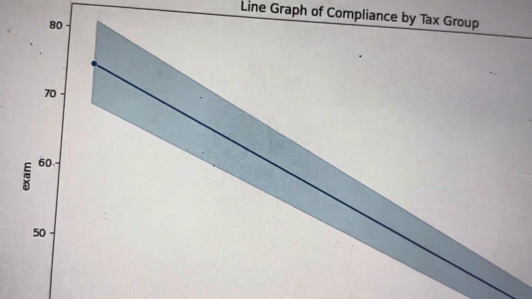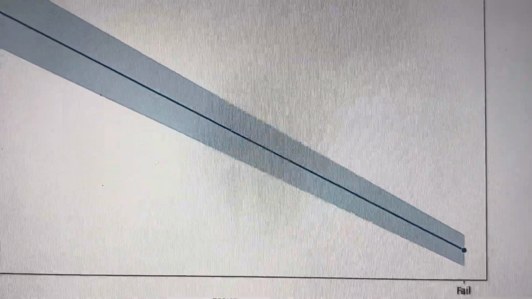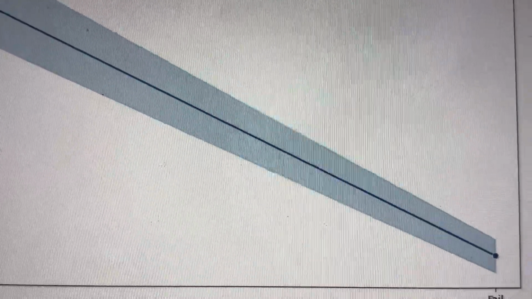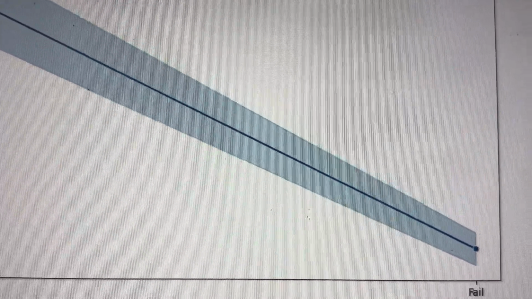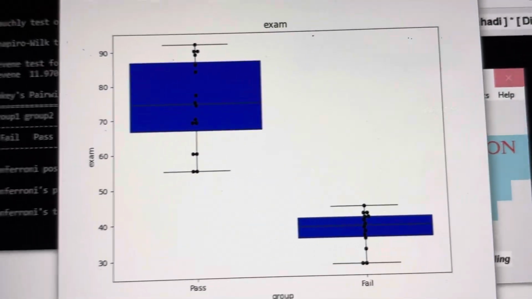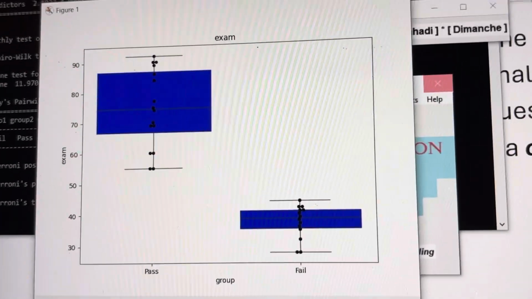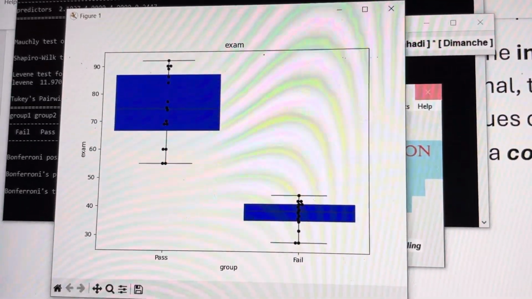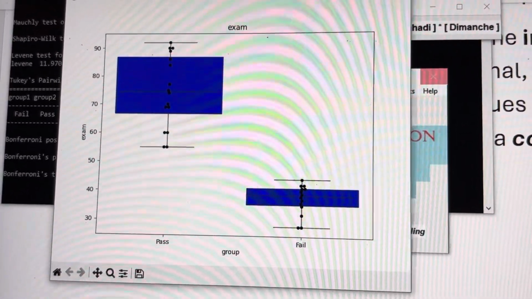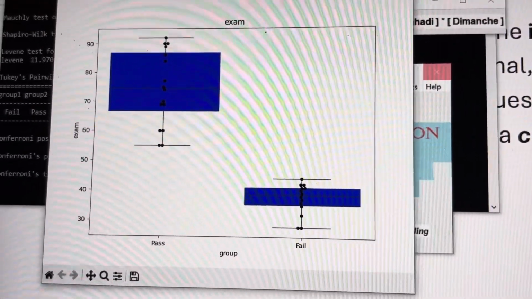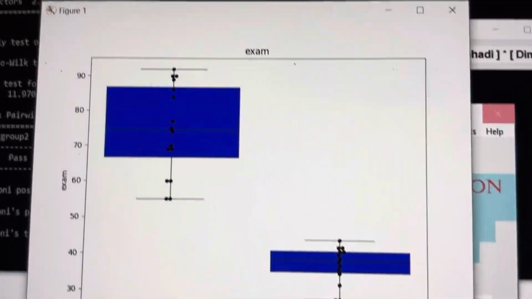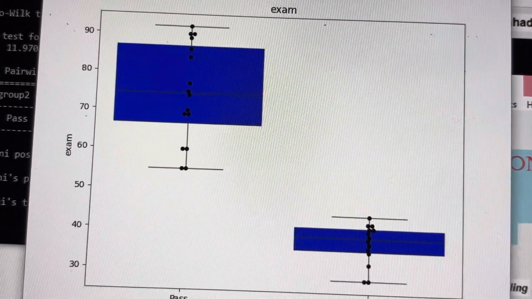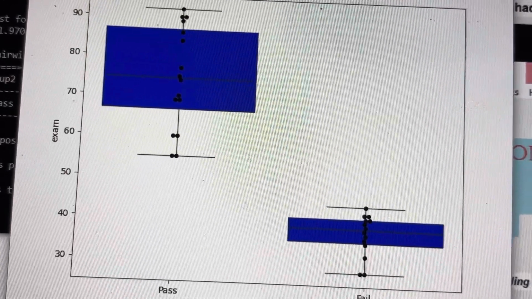So now let's also reveal other plots. Yeah, good. Now this is the box plot. You can see the box plot for those who pass is bigger and up to show the level of the pass.